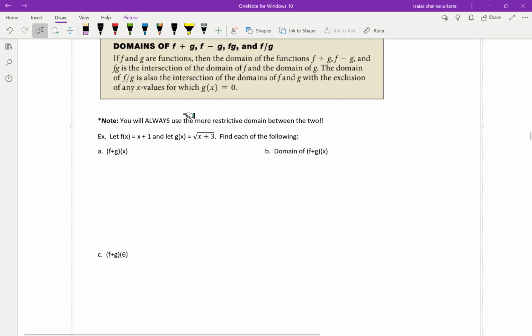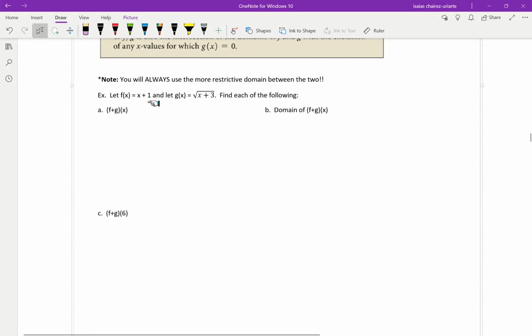So let's use this. Here we have an example. We were given two functions. One of them is f of x, which is just x plus 1, and we have another function, g of x, the square root of x plus 3. Before I get into answering any of these three parts, let me think about the domain of f of x.